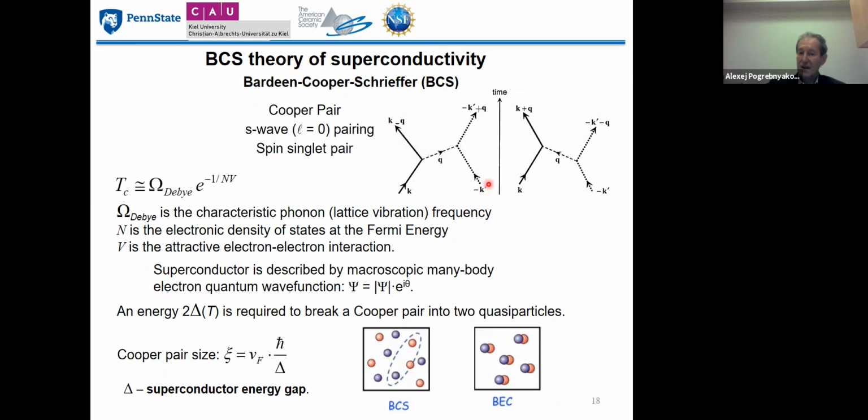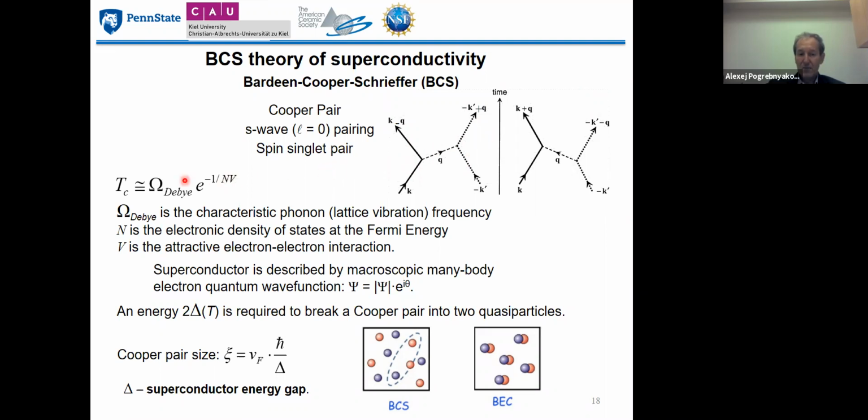The next electron absorbs this phonon. So this scattering process brings about the correlation between these two electrons.